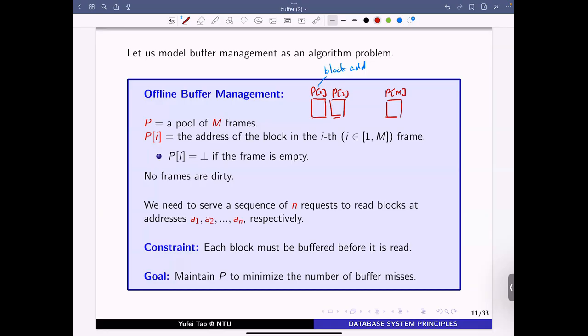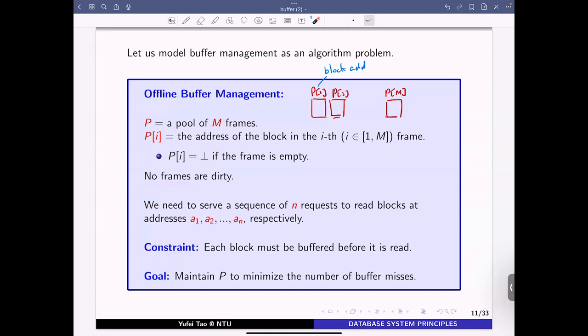Of course, a frame can be empty, and then there's no address there, so we use this special symbol, the empty symbol. We'll be talking about just read requests, and therefore no frames will be dirty. All of them are clean.